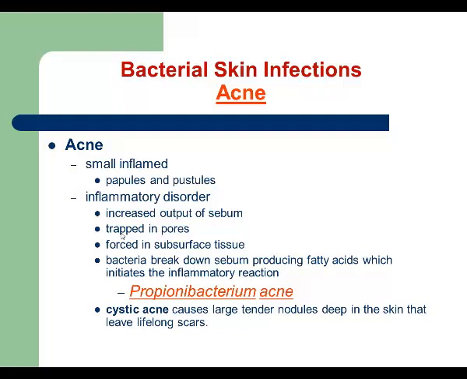So Propionibacterium acnes uses sebum as a source of nutrients. When it uses sebum as a source of nutrients, it produces end products of metabolism, fatty acids. Those fatty acids can irritate the skin and cause inflammation. As a result, we see it as acne.